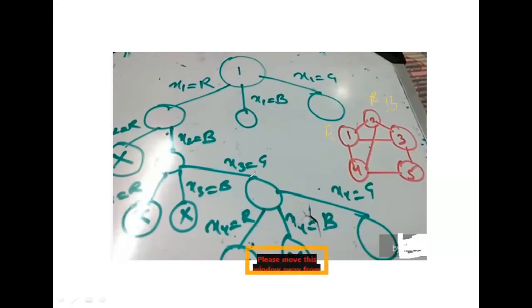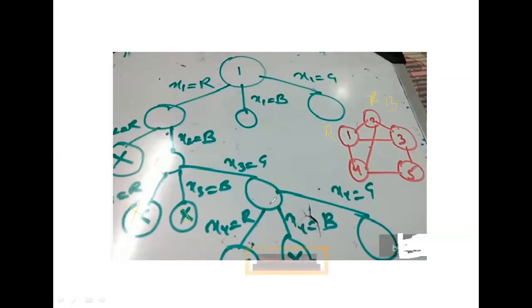Next I move to vertex 3. So I choose from 3 colors here. First I choose the red color. The adjacent vertex is red, so I cannot consider this color. If I go for the black color, the adjacent vertex is also black, so I cannot consider it. Next I move to the next color, that is green, so it is okay.